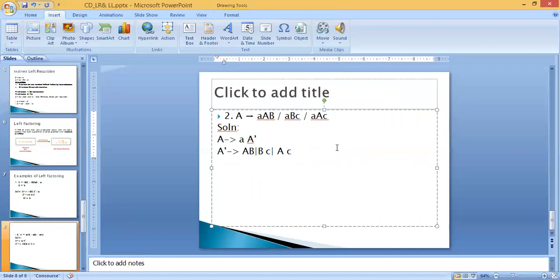Okay, now do you think this is fine? Is there any problem with this? See here, even after you have resolved it, you still have one more common prefix, which is a and a here. So this particular rule should again be left factored.